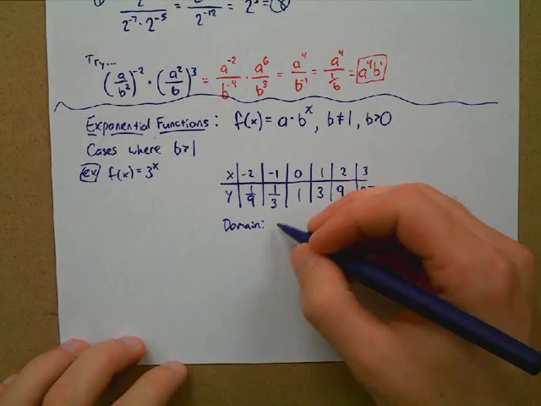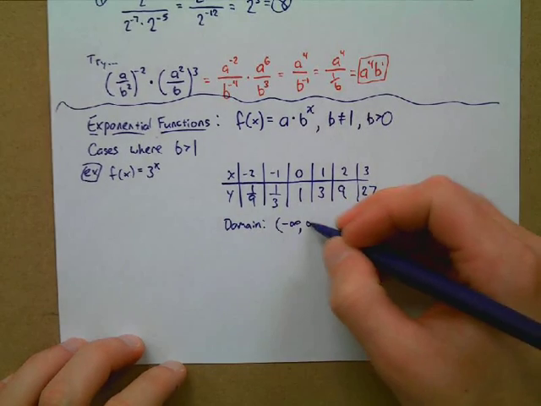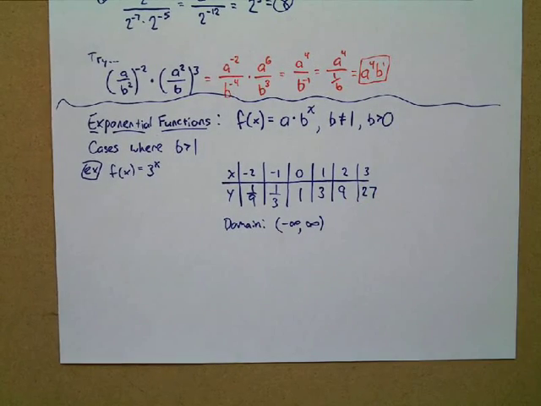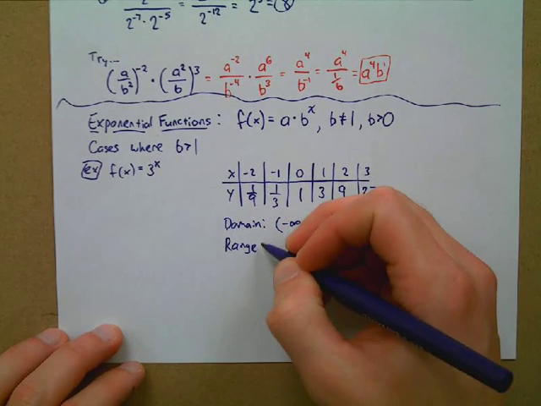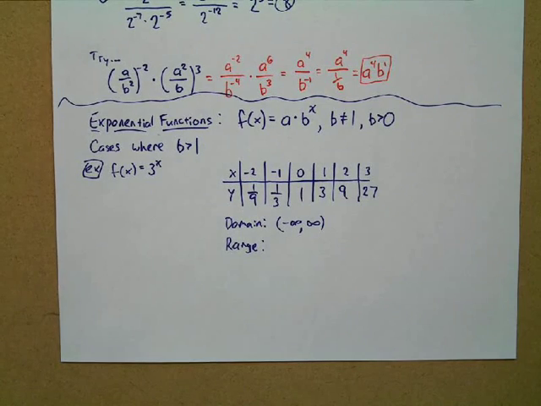All right, we'll also talk about the range here, but we'll hold off on the range for now because I want to go ahead and graph it to get an idea what the range might be. I'm going to try and squeeze it all in here.